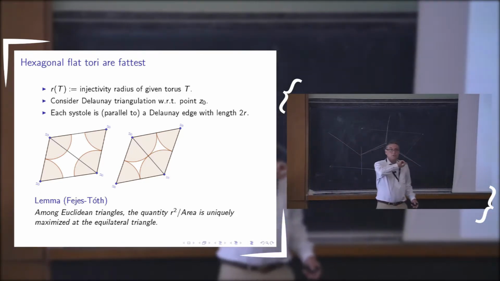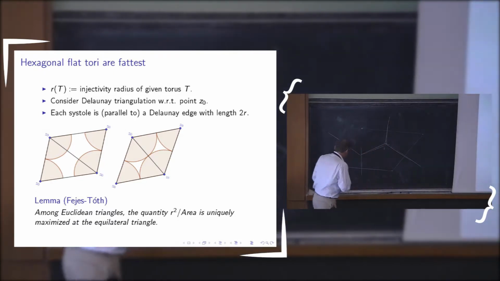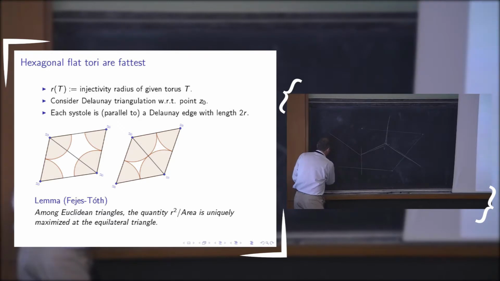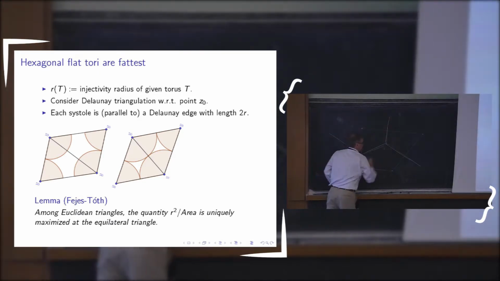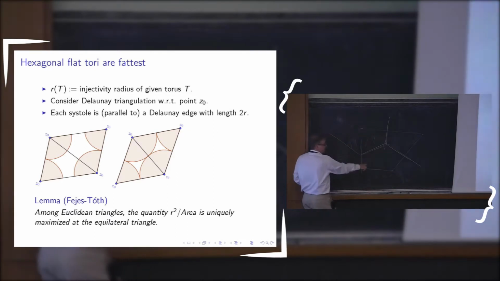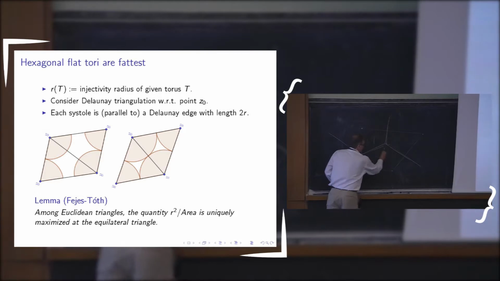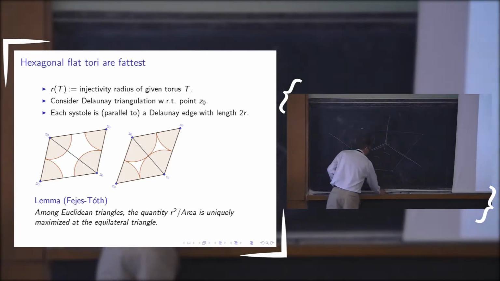Anybody want to know more about Delaunay? Delaunay is again the cells here. You look at all the points that are closer to this point than to this point, or this point or that point. And here you look at all the points which are closer to this point than any of the other 3 points. So that will give you the Voronoi, and then you look at the dual graph.